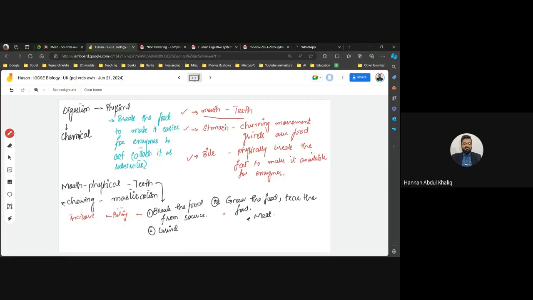In the gnawing, the group of teeth that are involved are canines. In the grinding, you have premolars and molars, especially molars. So incisors, canines, premolars, and molars. These are involved in these kinds of functions.